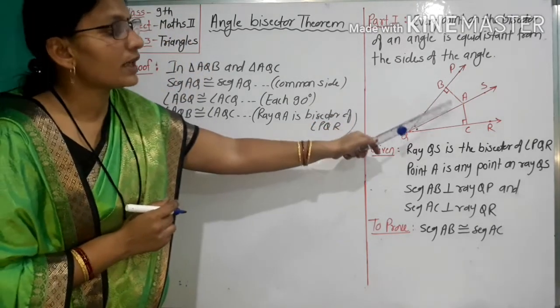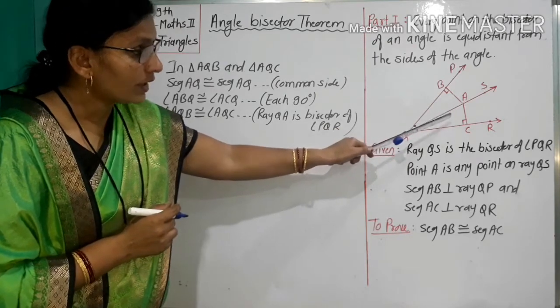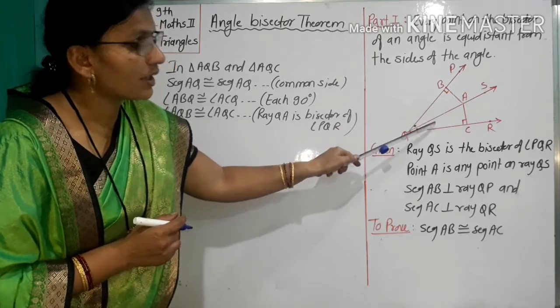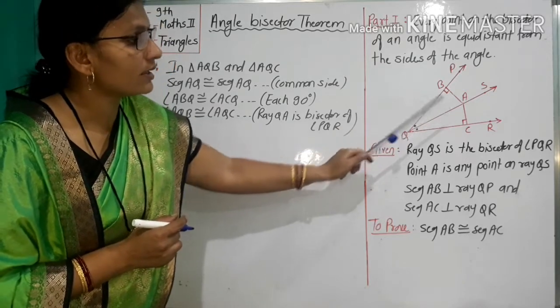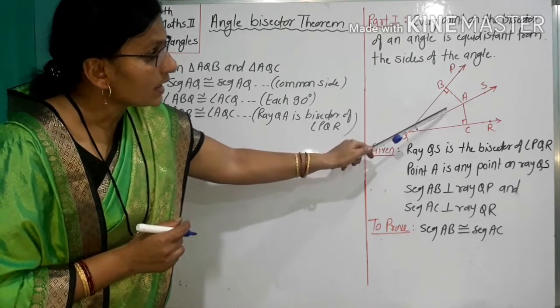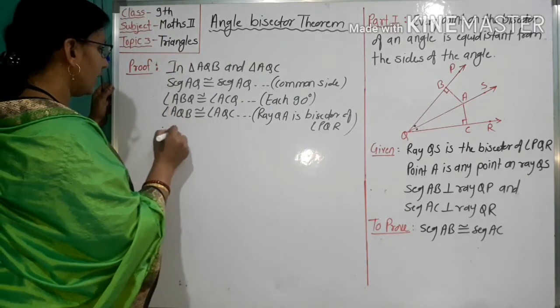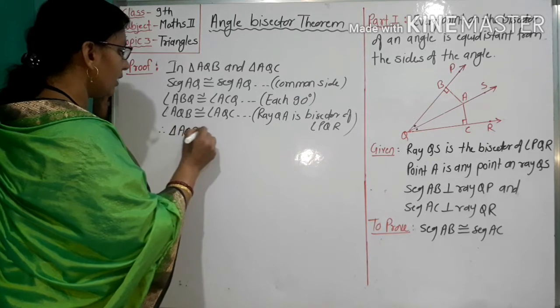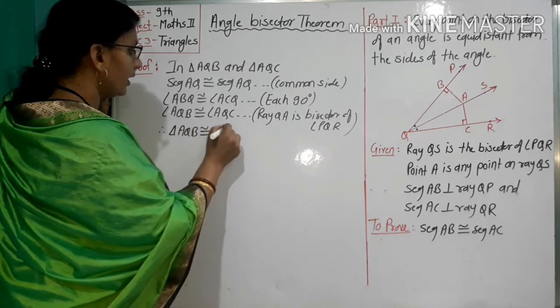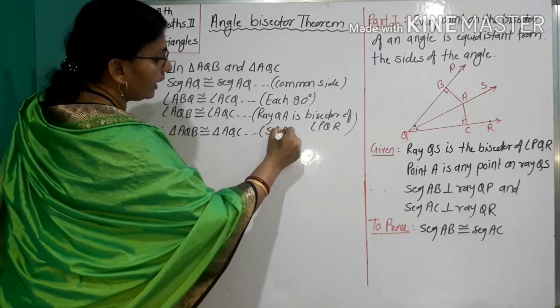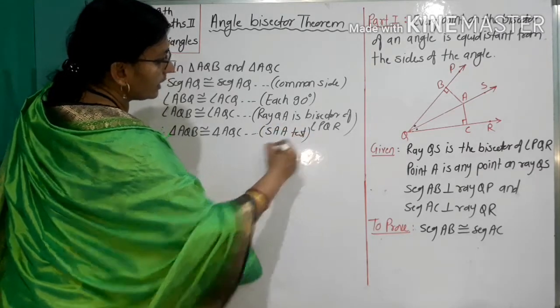Therefore these two triangles are congruent, since one side is common and two angles are congruent. Therefore triangle AQB is congruent to triangle AQC by the SAA test.